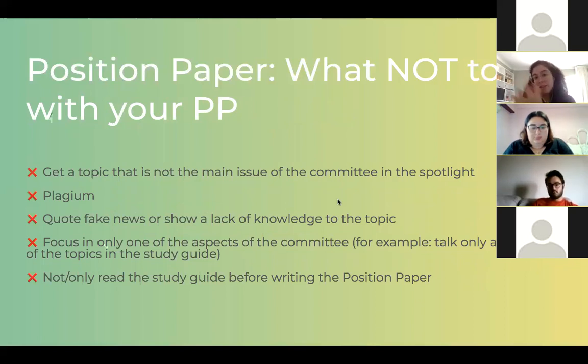Get a topic, of course, that resembles the main topic, but don't make it the main issue of the committee. Don't put it in the spotlight. For example, think of an example that would not interfere in your positions.